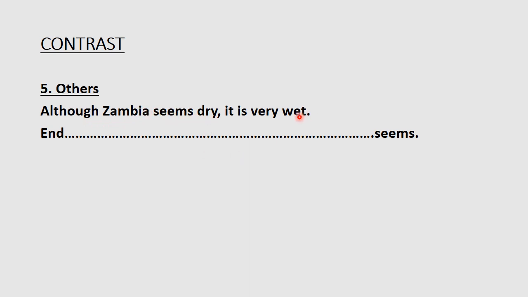So we're going to write it like this: Zambia is not as dry as it seems. This implies that Zambia is wet as compared to how it seems, because it seems dry.